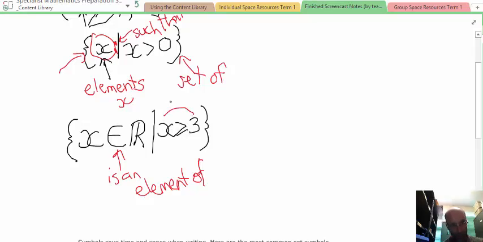So these are conditions, so we can write conditions in this format as well. We have here the type of element or the type of number, and the condition. So this one is X is an element of the real number system, or X is a real number, and it's a real number from 3 onwards. Another way of writing this: all real numbers from 3 upwards.